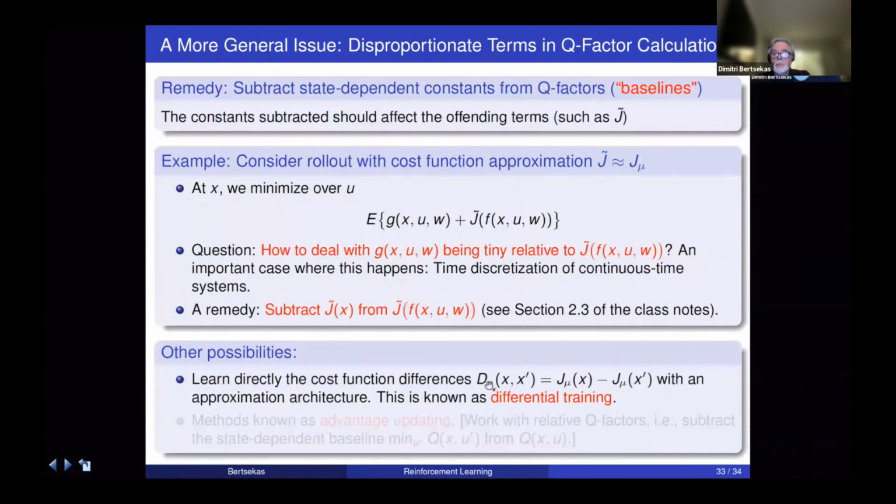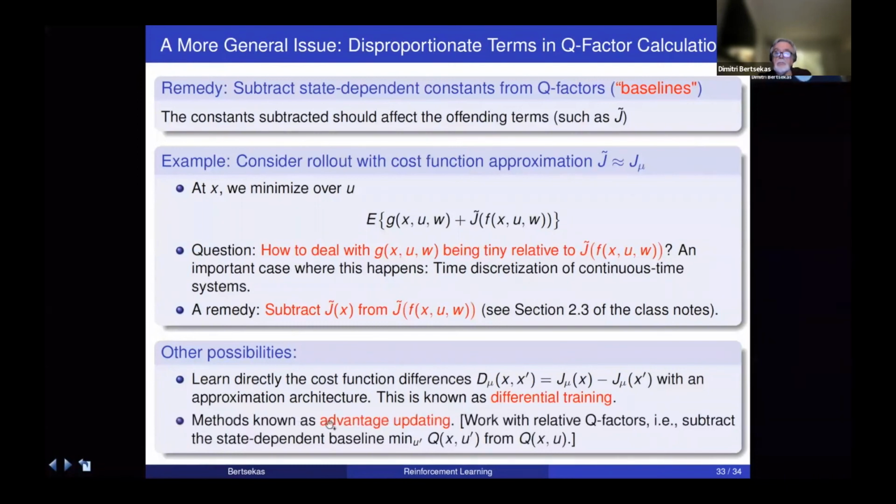It turns out that you can do that. And then you can use these differences in this expression here and sort of emulate the process that I have described. This is known as differential training, and there is literature on this. Not very widely known, but I think it's an interesting possibility.